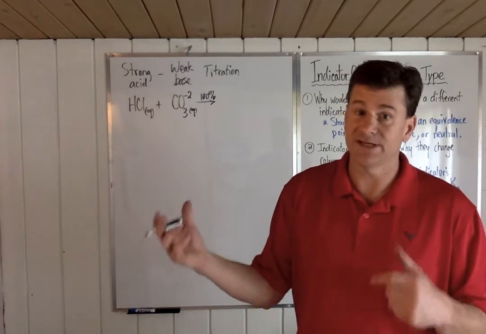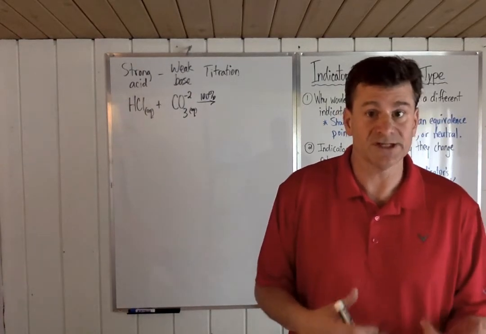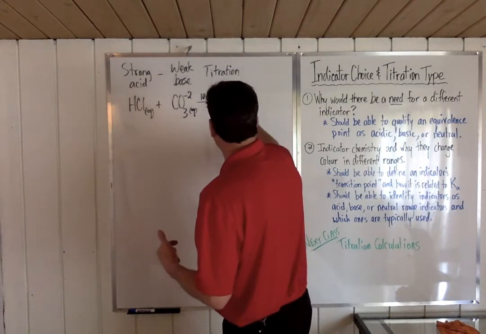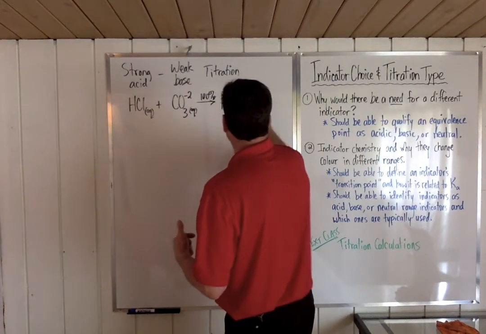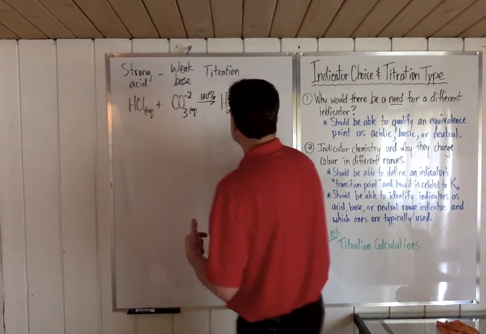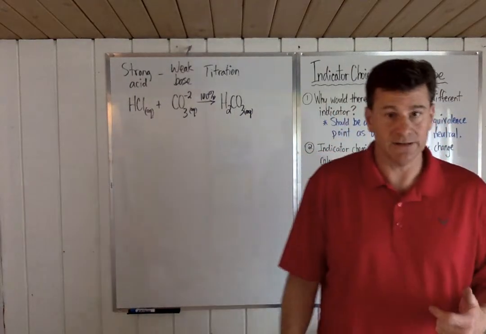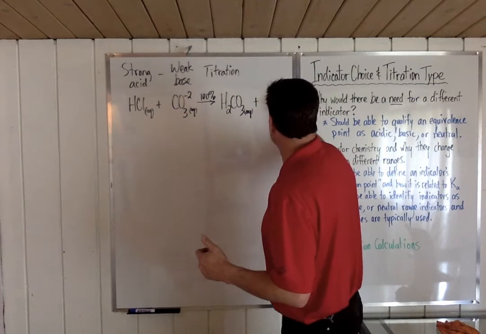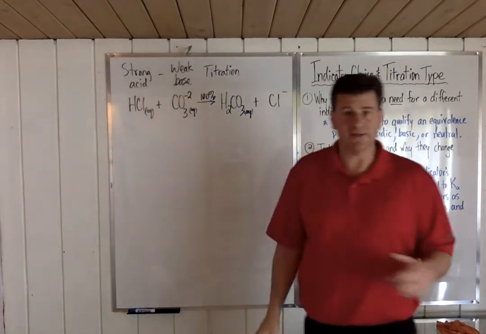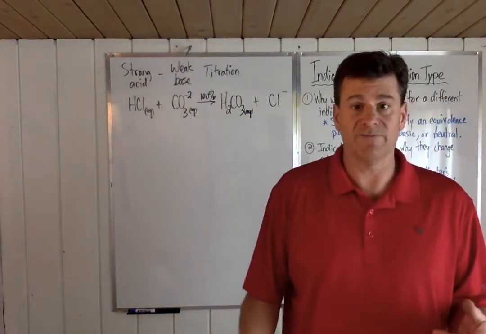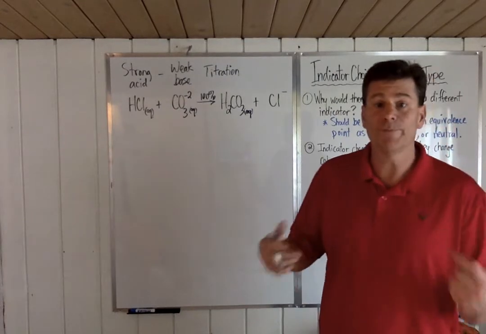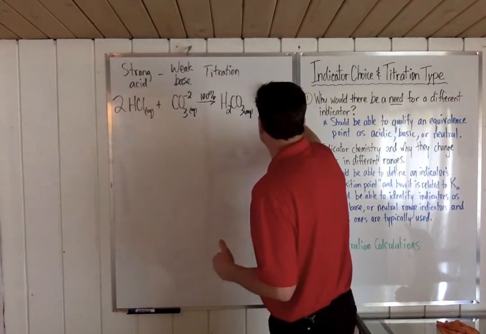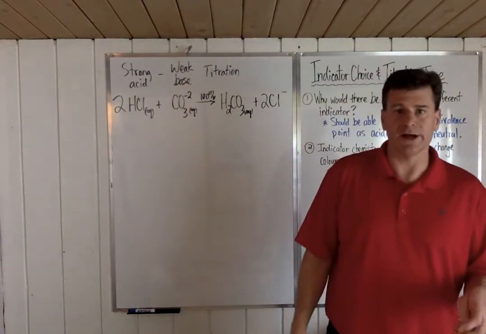That means I'm going to need 2 HCl molecules to do it. And so you are going to make H2CO3. When you take the H off of the HCl, you're going to leave behind Cl minus. Now, to balance that, it takes 2 of those, and you'll make 2 chlorides.